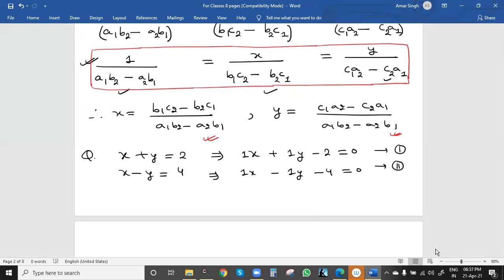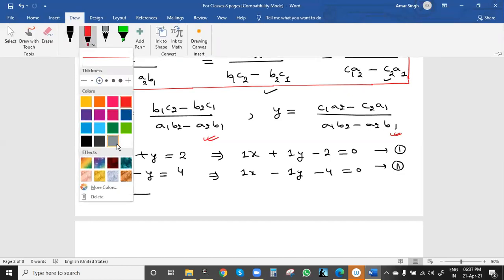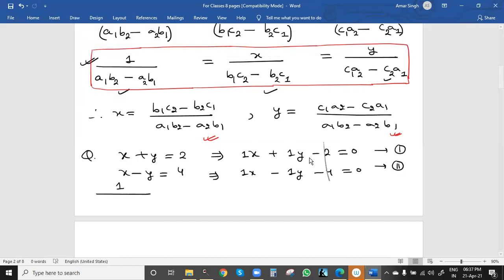So the formula is basically 1 divided by, see, 1 means the constant value. Always remember for which value 1 is the constant value. So we'll ignore this one and focus on these two columns. Cross means a1 and b2.